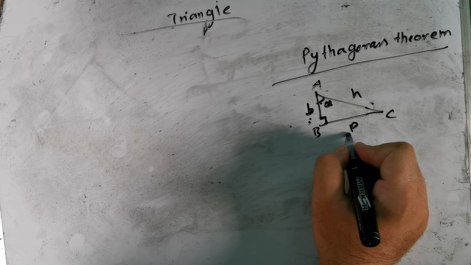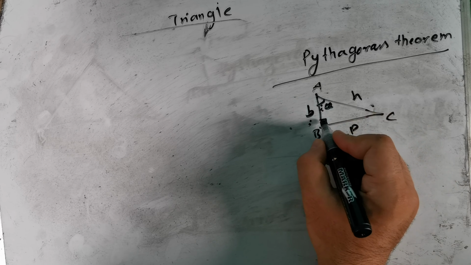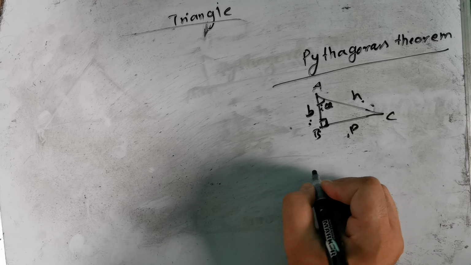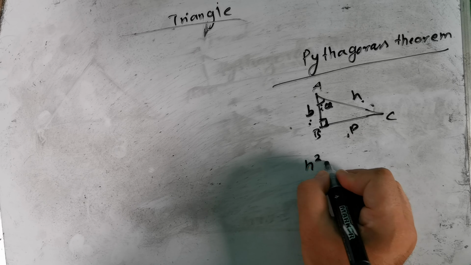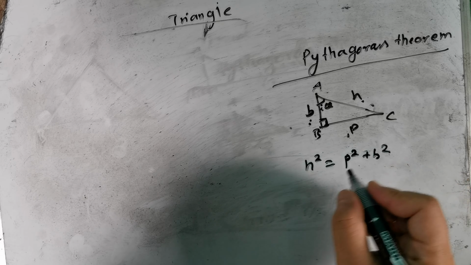Here the reference angle is theta, and the hypotenuse is opposite to the 90 degree angle. According to the Pythagoras theorem, h square is equal to p square plus b square.